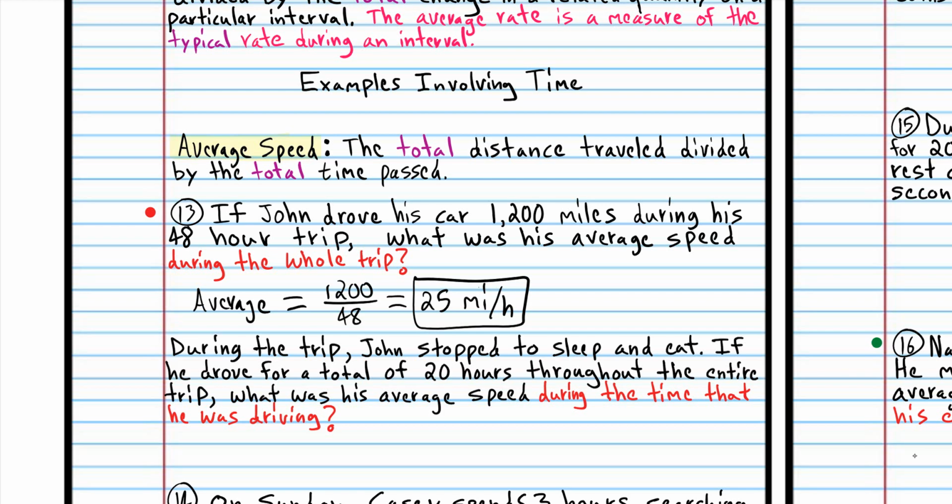So during the time when he's slowing down, he's got a lot of different speeds. And so during this trip, he's not moving at the same speed. So the average speed is just a measure of his typical speed. So that would be 25 miles per hour if you give the various speeds that he's moving a particular weight depending on how long he's moving at that speed.